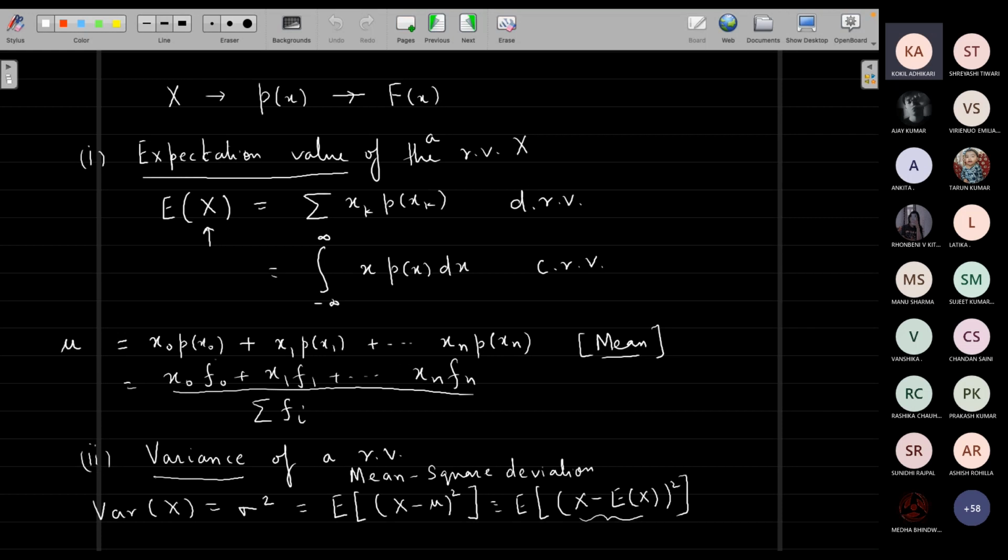So for example, you have taken three observations. One observation was 2, another was 1, and the third turned out to be 60. Will the mean be affected by that or not?